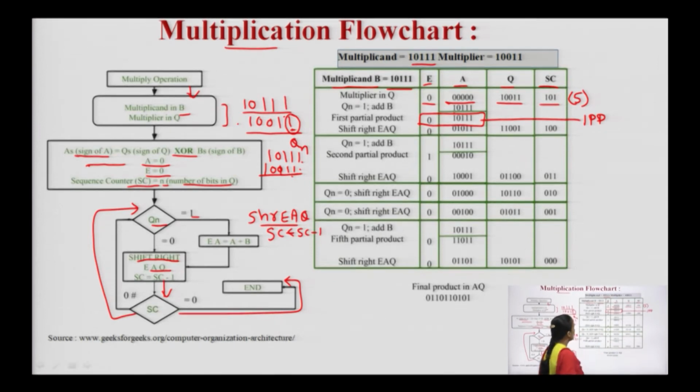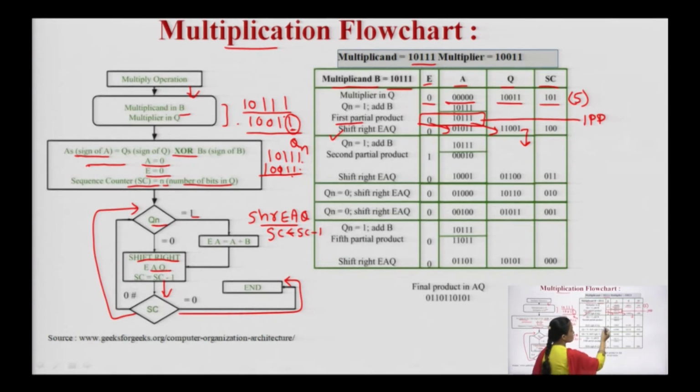Then after getting the first partial product, I am shifting right my 3 registers E, A and Q. How? This 0 will go here, this will become 1011, this 1 will come here and this 1 will be dropped off.